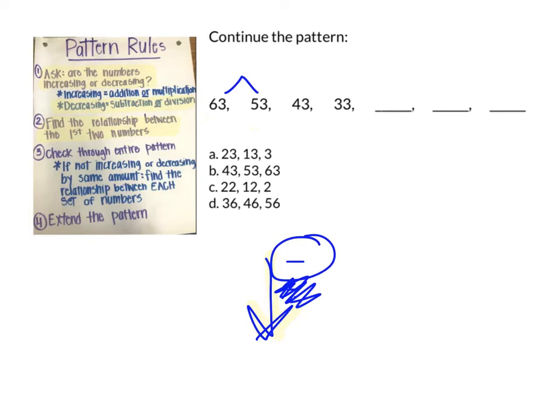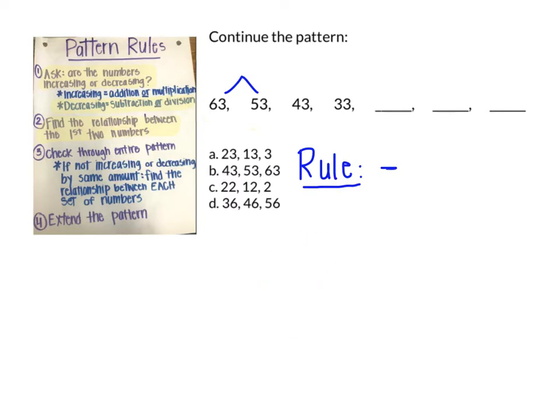So let's start making our rule. So we know that we're going to be subtracting. Now we just have to figure out by how many. So just like always, we could use mental math to figure out how many to take away, or we can show our work on paper.